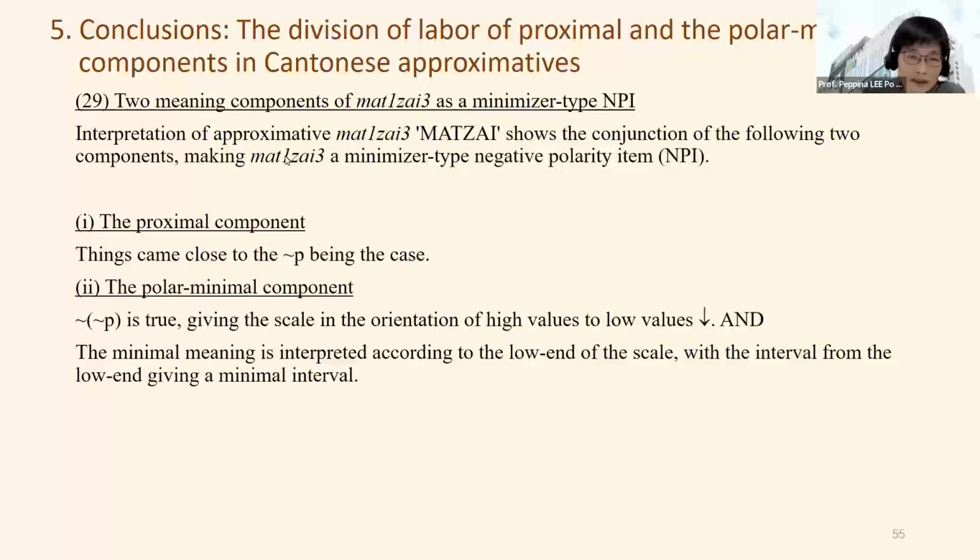In the case of matzai, the proximal will be the original negative P being selected, the scale reversing one, and the polar will reverse the polarity, and then the order becomes high values to low values. So that's why the minimal meaning will be according to the low end, because it's becoming from high to low, because the ordering has been swapped or switched.